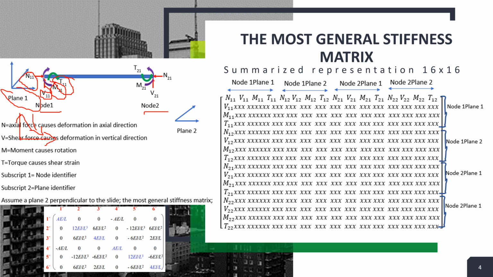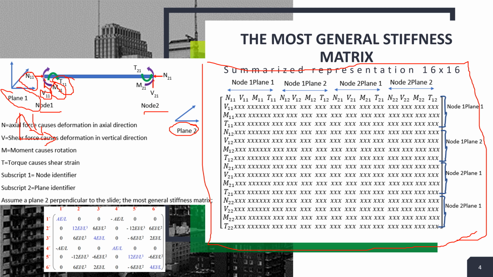And plane 2, the plane perpendicular to the slide, shown as shown. So like I introduced before, the contents of this matrix, I hope you're not intimidated by the matrix. It looks large, but you already know what it contains. This is just this.